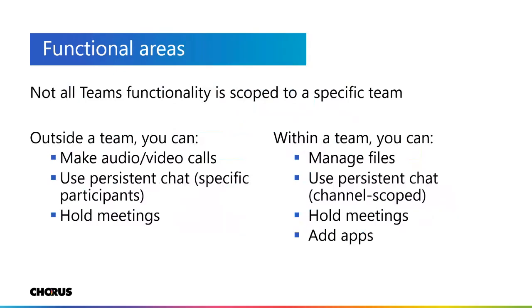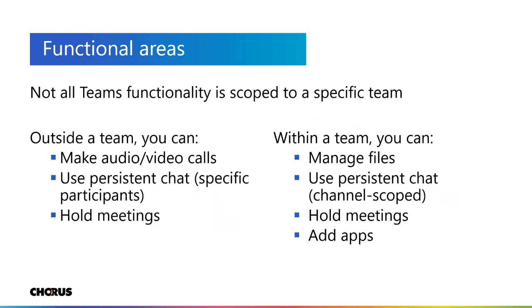So it's worth just briefly making it clear that not everything you do in Teams is scoped to a specific team. Outside of a team, you can basically do everything that you used to be able to do in Skype for Business. You can make and receive audio and video calls, you can hold meetings, and you can use direct messaging. So there's pretty much feature parity with Skype for Business in what you can do outside of a team.